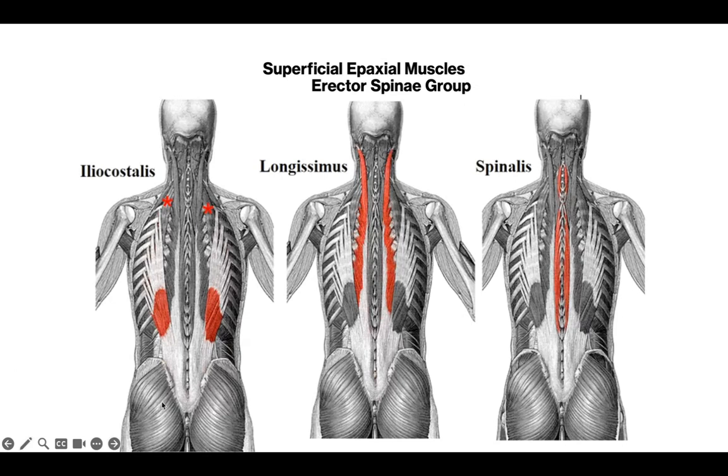We're going inferiorly, right? So we are looking at the iliac crest. So you can see the iliac crest for all of these muscles. Also the posterior sacrum. Fantastic. As well as the inferior lumbar and sacral spinous processes.